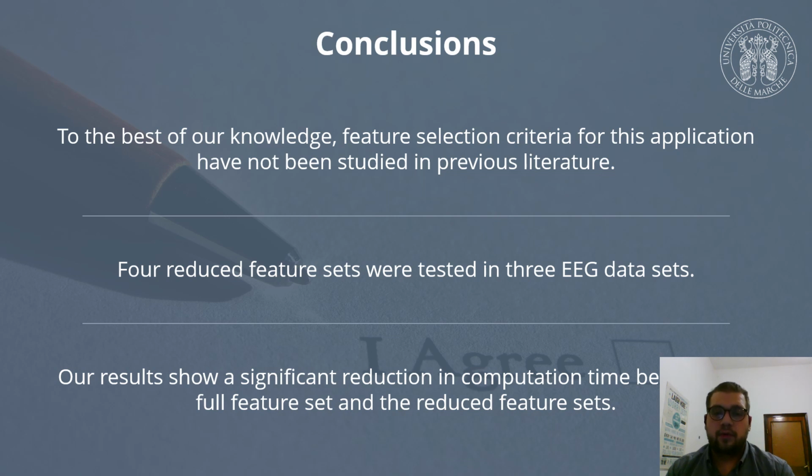In our work, we used 4 reduced feature sets and tested on 3 different EEG datasets. The results of this work show a significant reduction in computational time between the full feature set and the reduced feature set, while the performance was almost the same.